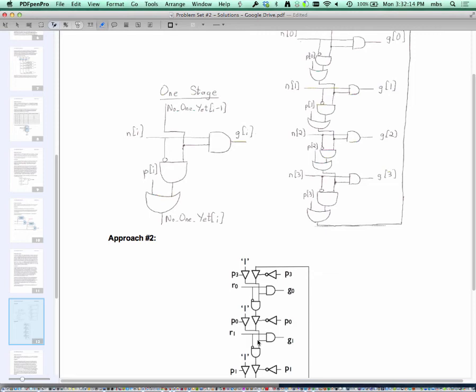Can I go over priority encoding? Okay, let's do that. Let's see, how are we doing time-wise? So we are at 3:32.